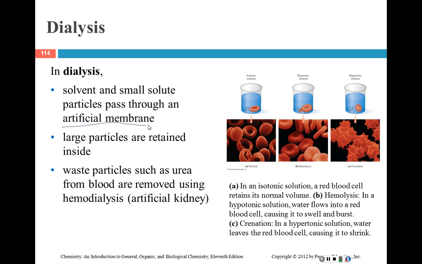It's an artificial membrane in a machine, and we push that fluid through there, basically your plasma, and the solvent, the water, and the small solutes are going to go through that membrane. The large particles are going to be retained, and so your waste particles such as urea and ammonia are removed from the blood by filtering this out, and they call that hemodialysis.